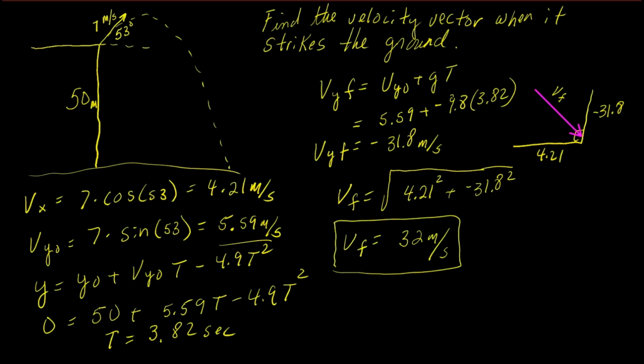My angle is the arctan of my y velocity, which is negative 31.8, over my x, which is 4.21.